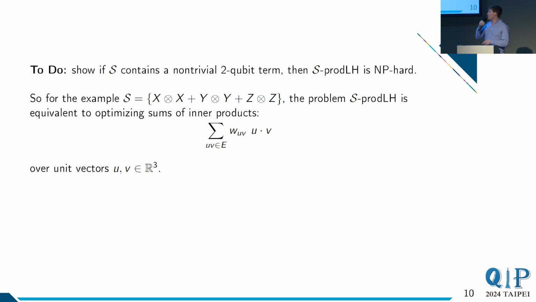So if you were to construct a Hamiltonian by applying this term to lots of different pairs of qubits, then the product state problem is equivalent to optimizing a sum of these inner products over 3-dimensional unit vectors. So we've taken this problem about Hamiltonians and quantum states, and we've mapped it to a problem that's just all about a graph with vectors assigned to it.